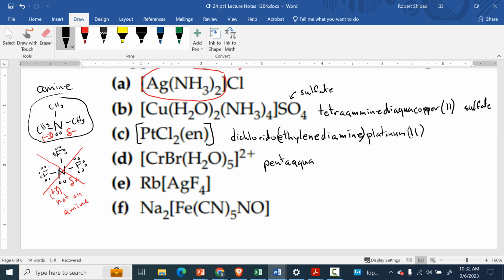Pentaaqua, and then we have bromide, but it's not called bromide, it's called bromido. This is an anion, and anions get the O ending. So -1. And then is this going to be chromium or chromate? Chromium. Now we have to figure out what is the charge on chromium.